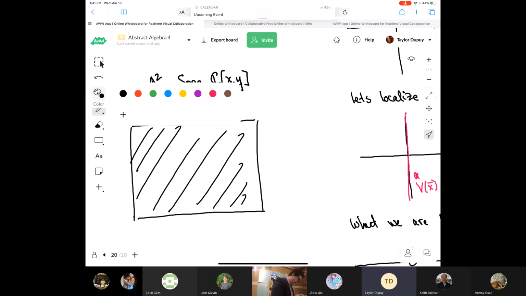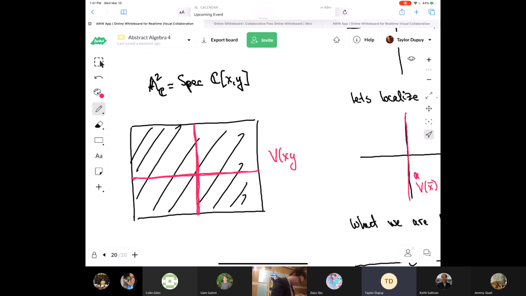Then we have a subspace, which is this here and here. This subspace is V(xy), that's what I'm starting with. Just for clarity, V(xy) is all the prime ideals containing xy.